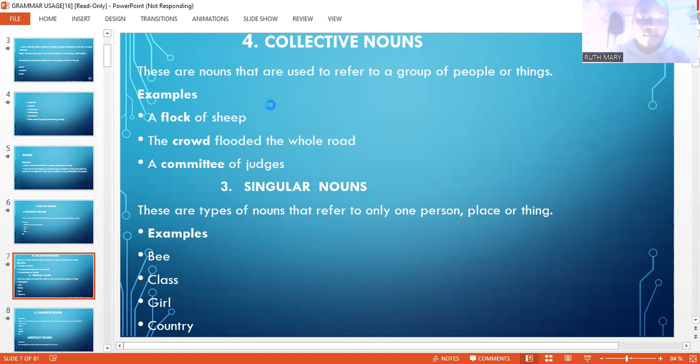Then we will look at singular nouns. Singular nouns are types of nouns that refer to only one person, place, or thing. For example, bee, class, girl, country.